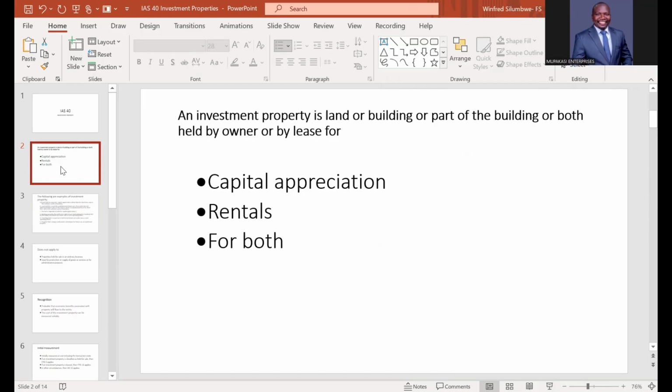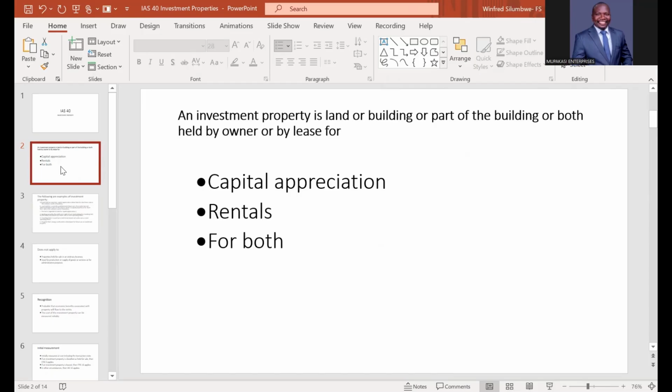Now, here the thing is that if you work for a real estate company, your job is to build a house and resell. That does not fall under IAS 40 because it becomes inventory. If you buy a house and tomorrow resell, that does not qualify to be an investment property, because you are doing it in the ordinary course of business.